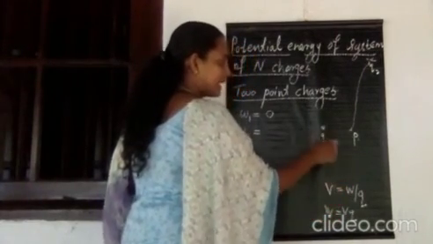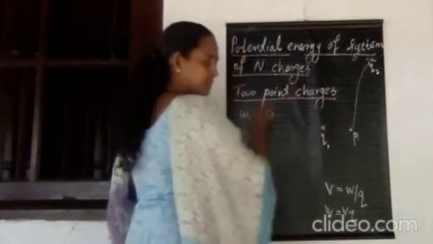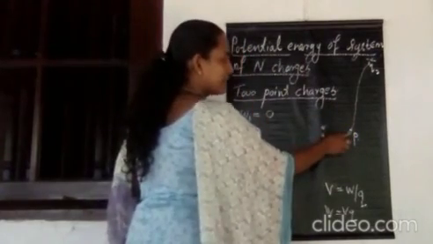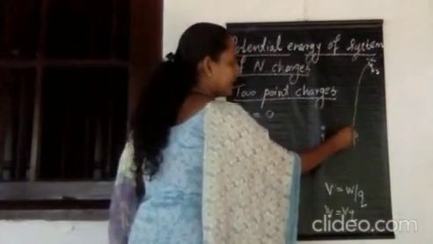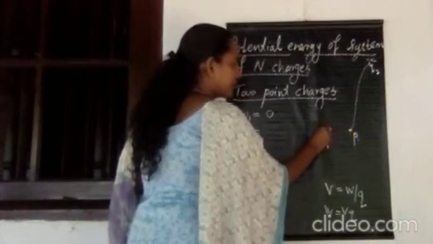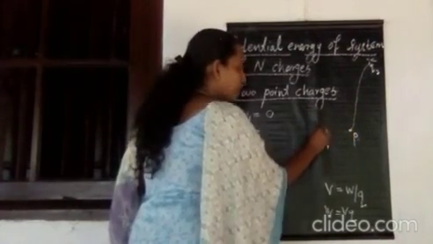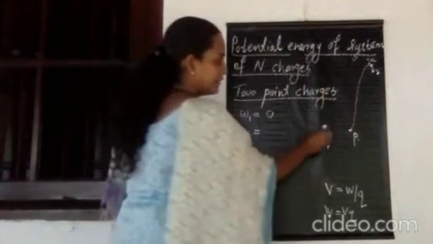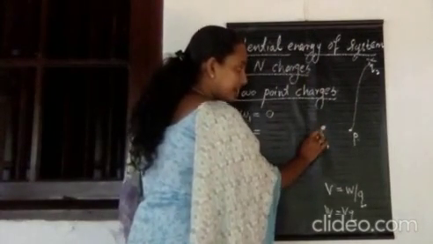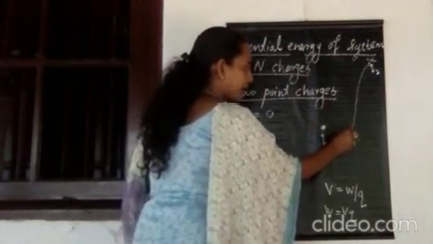V stands for the potential at that given point. What is the potential at this point P? It is actually the potential produced by this charge Q1. Since this charge Q1 is here, there is a potential at this point P.